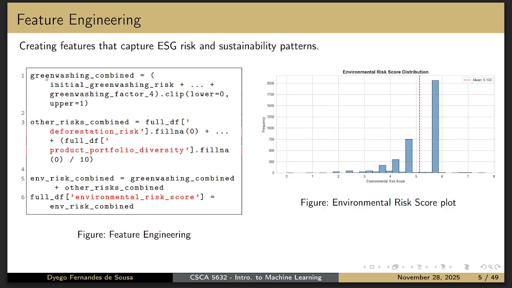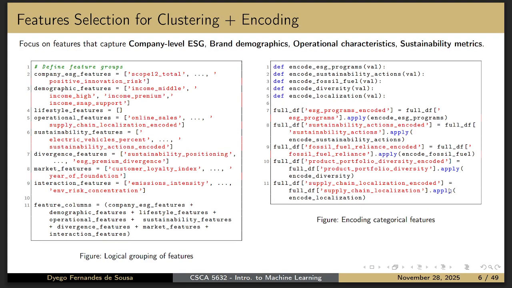For example, here I'm combining some of the features of the raw dataset to get a greenwashing score, some other risk scores, and at the end, compute a global risk score, which is the one that I'm plotting here in this figure number one. I continue doing the feature selection for clustering and doing some coding.